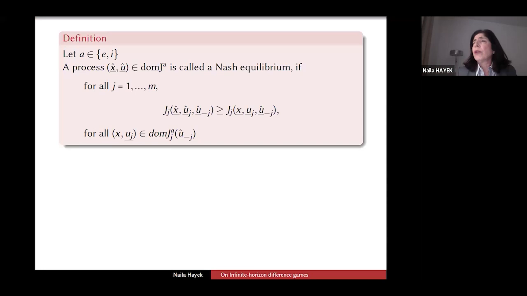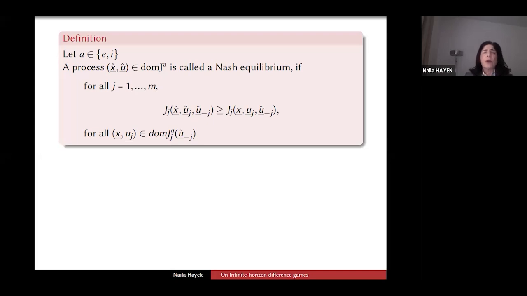So since we don't have that the infinite series always converges, we have to define different notions of Nash equilibria. First, I want to specify, because many of you will be asking me that question, that I will be talking about open loop Nash equilibrium. Although it will not be subgame perfect Nash, I will talk about open loop Nash equilibria in all the talk. So a process in the domain of J will be called an open loop Nash equilibrium.